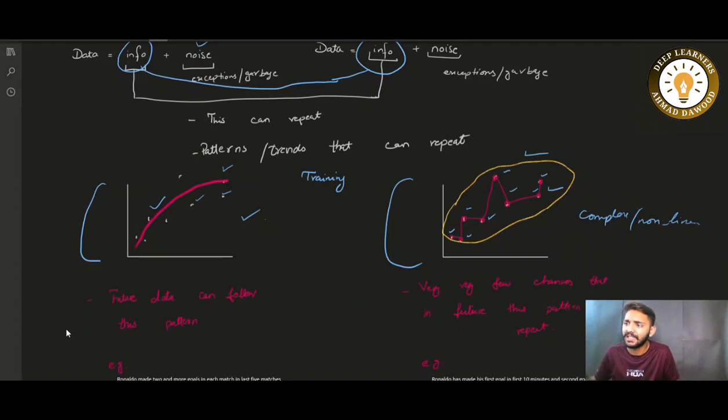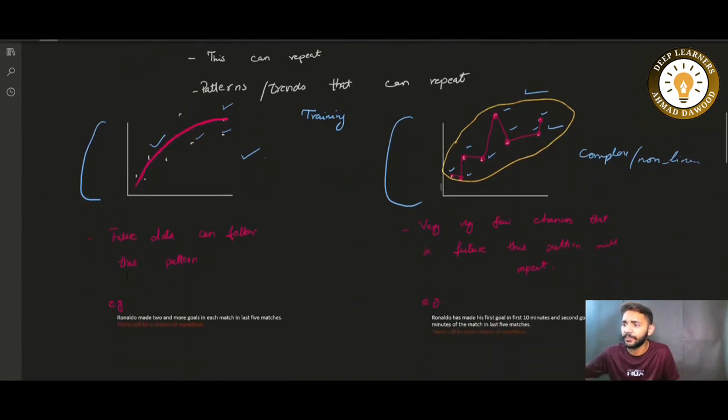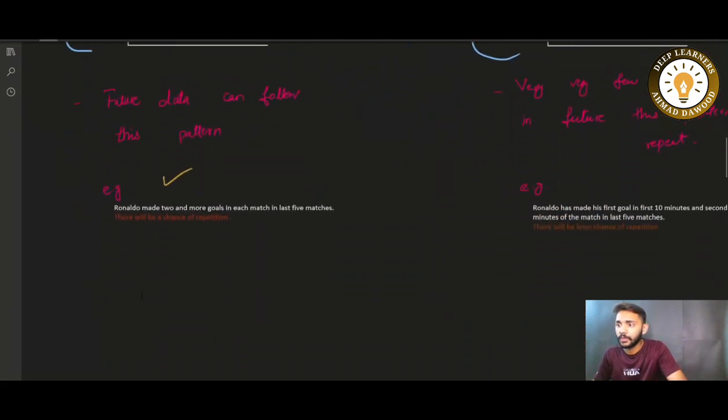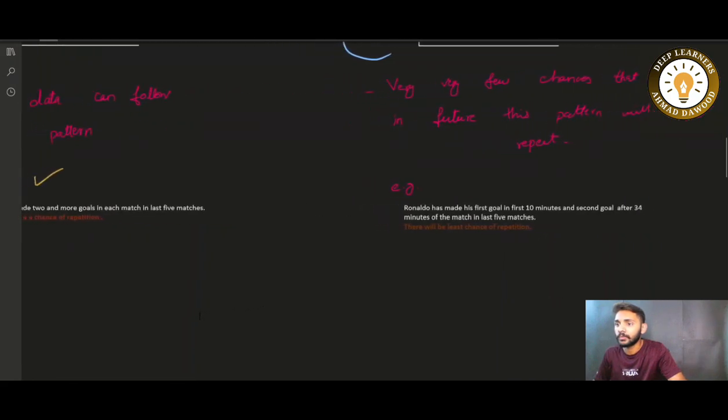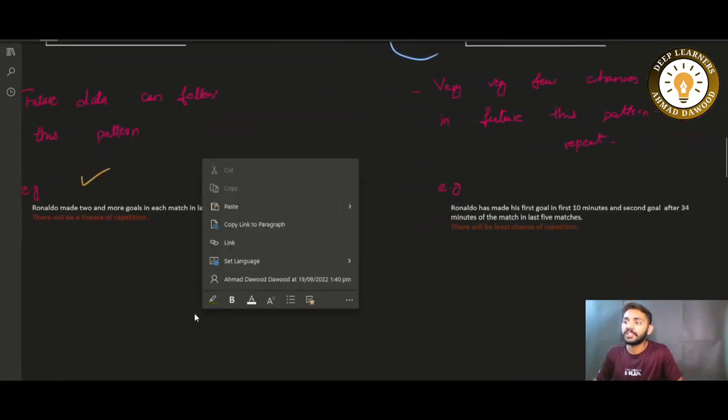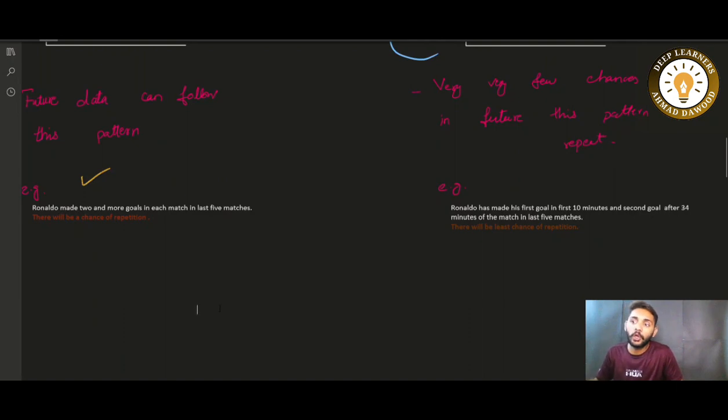It is exactly the same as the example I have mentioned here. Like the example, if I say that Ronaldo made two or more goals in each match in the last five matches, there is a chance that Ronaldo will again make two or more goals in future matches also.